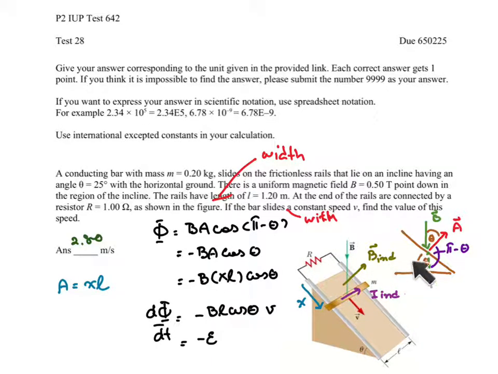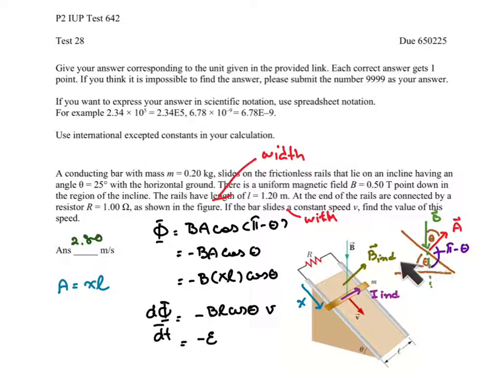We can see that the angle between B and the vector A is this angle, which is pi minus theta.